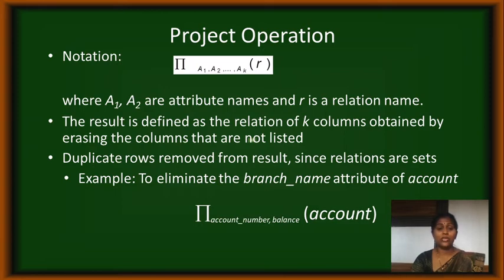Duplicate rows are removed from the result, since relations are sets. For example, to eliminate the branch name attribute of the account, we write account number comma balance. So 2 columns I am retrieving from the account table.